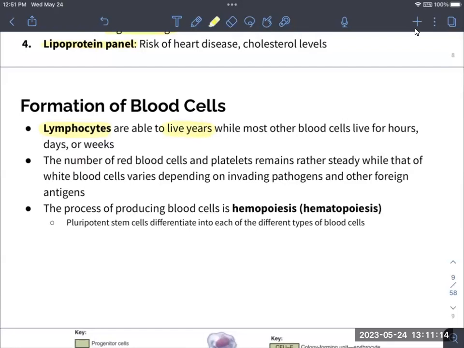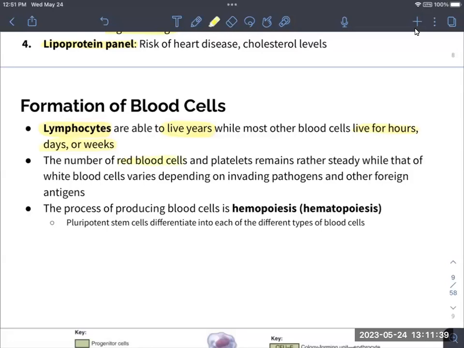If they're being used to fight off some sort of microbe or pathogen that got into your system, that's when they may live for hours, days, or weeks. They may die off pretty quickly as they are trying to fight off different diseases, different bacteria or viruses that have invaded your system.